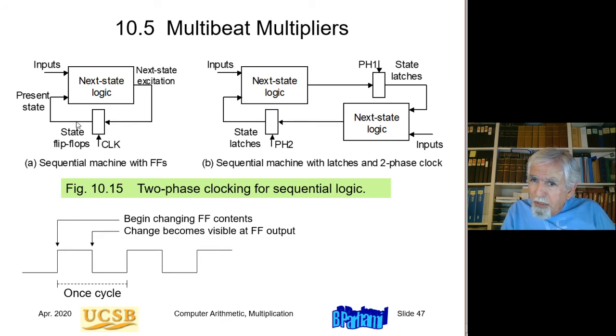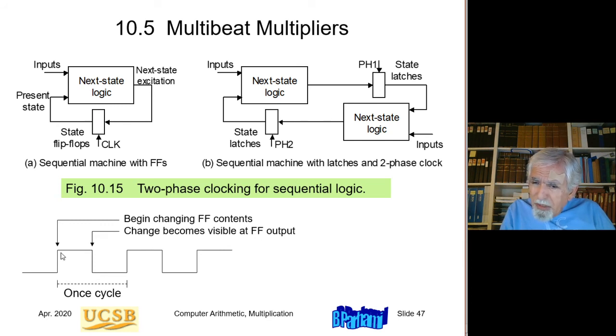Because remember, the output of these also affects these inputs, so you don't want to allow the inputs to affect the output, because that will be fed back and potentially make the circuit unstable. So the contents are being changed while the output is still the old value. Then on the negative edge of the clock, so these are typically negative edge triggered flip-flops, the change in the contents of the flip-flop is reflected in the output.